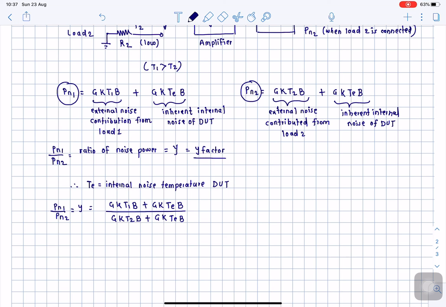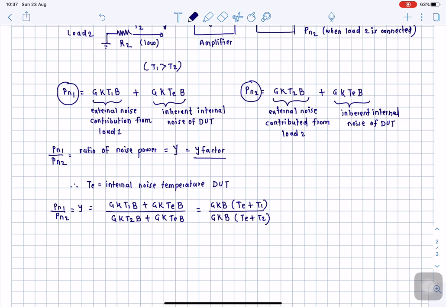From the numerator we can take out common G, k and b. So in the numerator we are left with Te plus T1, right? And in the denominator, if we again take the common terms, gain of the system, Boltzmann constant and the bandwidth of operation, we are left with Te plus T2.